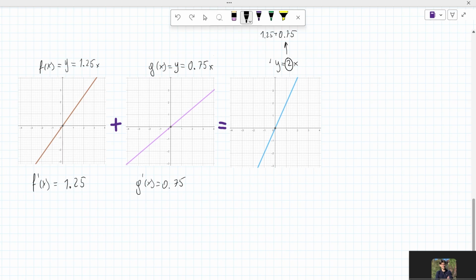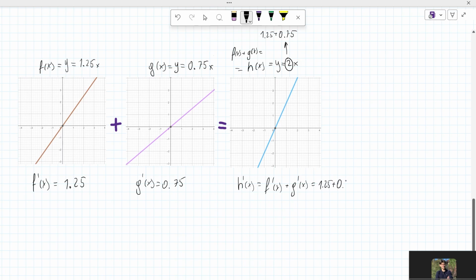Well, we said that this blue line was the sum of the functions f of x and g of x, and let's call it h of x for now. What is the gradient of h of x? Well, it's the number 2, which was the sum of this and this, which was the sum of f prime of x, the gradient of f, and the gradient of g.